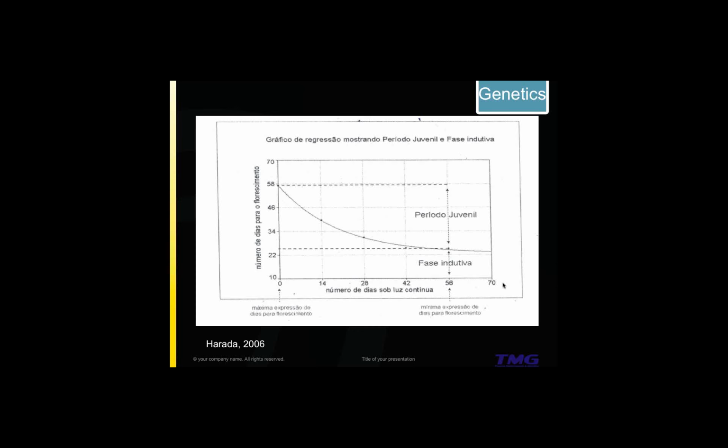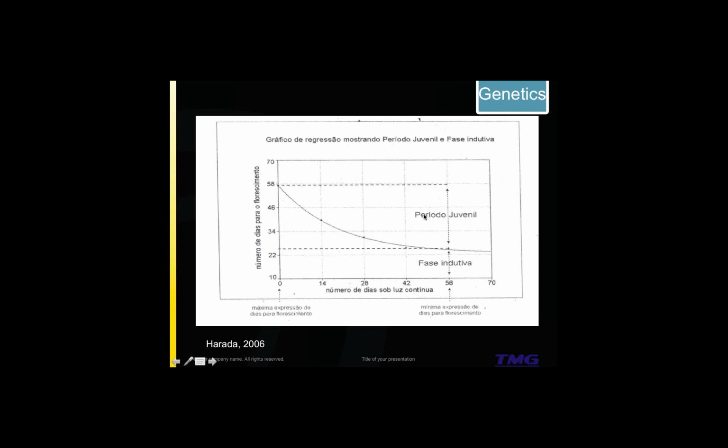The other thing that I would like to comment on is another work, and this work was done at TMG in early 2000, 2001, 2002, and it was actually a published dissertation where one of our colleagues there tried to come up with an assay for determining the long juvenile trait in soybean.